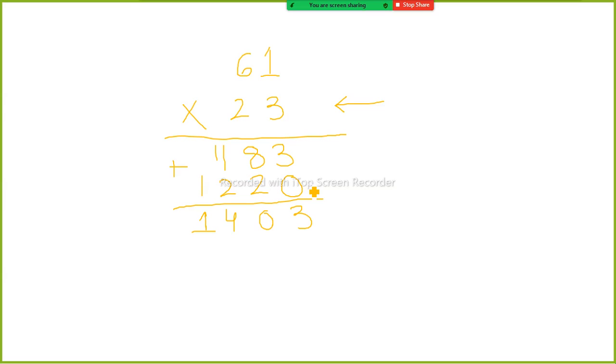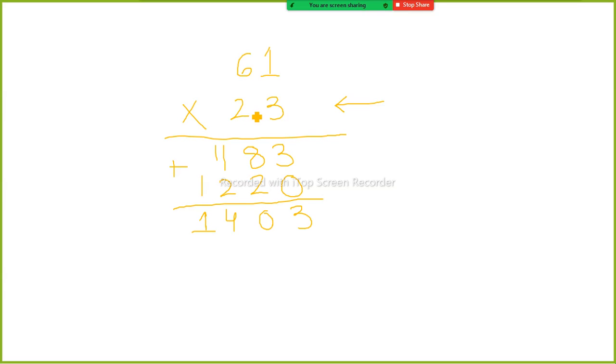That's the way I'd explain it for now. I don't want to get too technical because it literally is a placeholder when you think about it. Essentially what we are doing is multiplying 3 by 61 and 2 by 61. But remember, 2 is in the tens place, 3 is in the ones place, so you cannot assume that; you have to push it over.